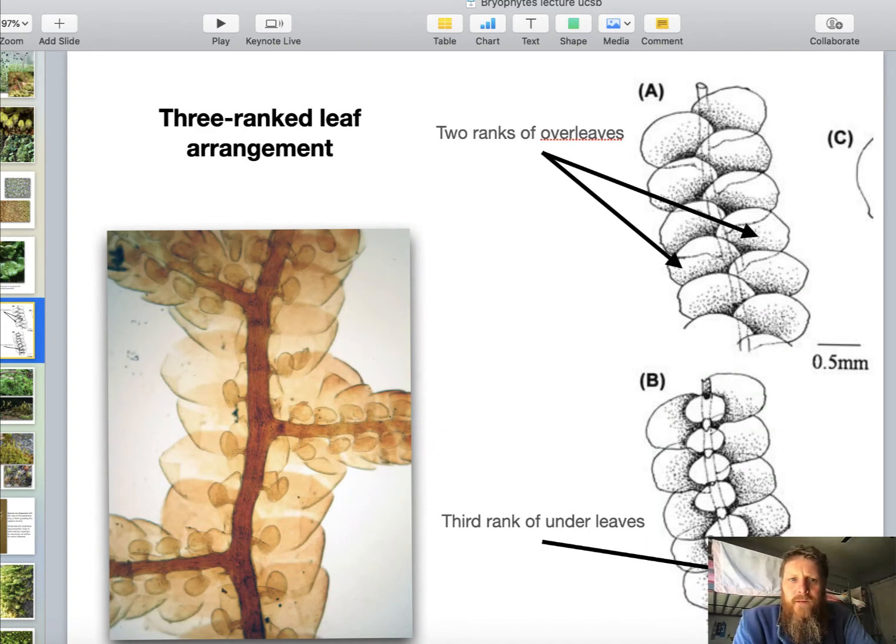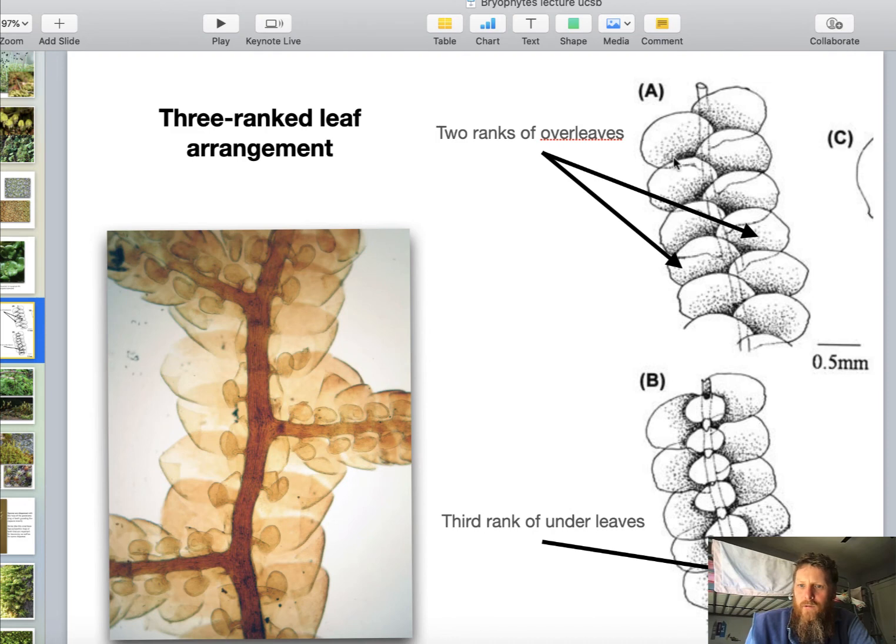So here's some images of a leafy liverwort. This has the stem and leaf architecture that you might confuse with a moss. The difference is that in liverworts, if you look at one side of a leafy stem, and then turn it over and look at the other side, they're quite different. Here's the top-down view.